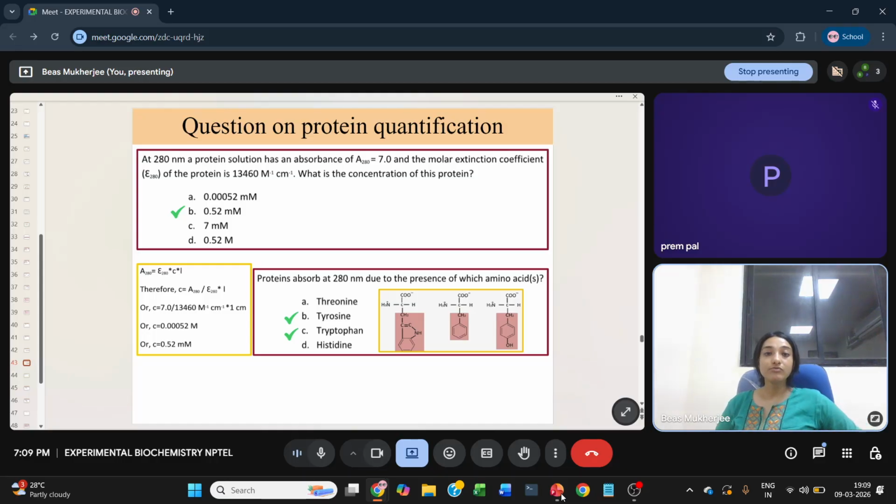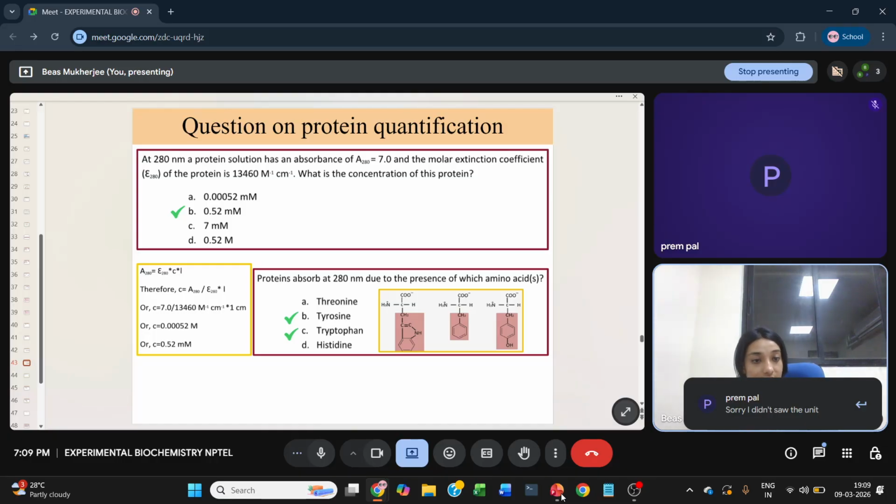Okay. Now for the next question, at 280 all the aromatic amino acids absorb. So if you have to mark only one as the right answer, it should be tryptophan because tyrosine is 275. Okay, you didn't see the unit, no problem.